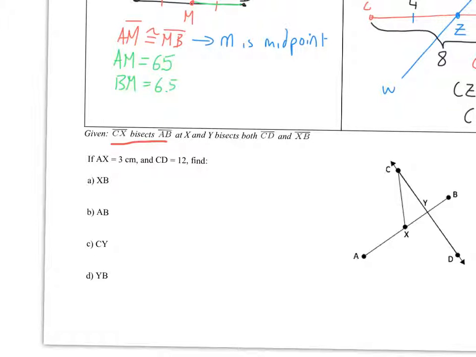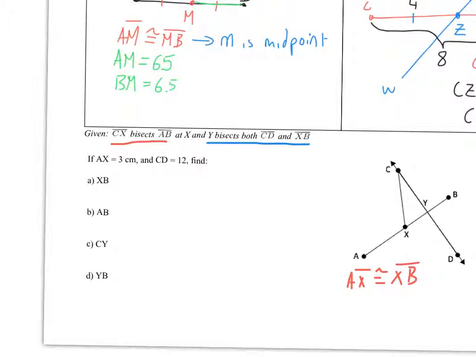And that means that AX and XB are equal. So let's mark that. AX is congruent to XB, and that's actually a little bit hard to mark because we have the other piece in the way there. That's annoying. Cool.